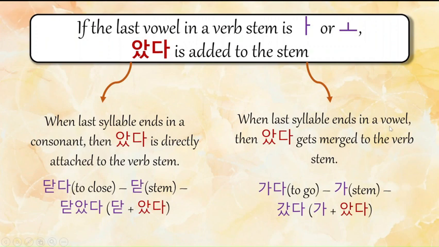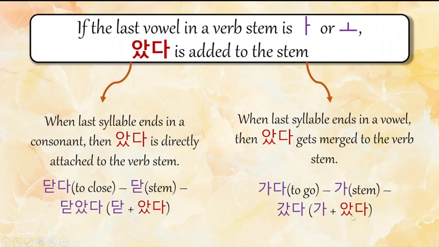And if the stem ends in a vowel, then the atta gets merged to the verb stem. Look at this example, khada, which means to go. Now here the stem ends in a vowel, the last vowel being a. So the ending that is going to get attached to the stem is atta.